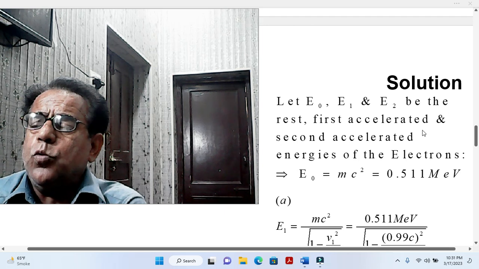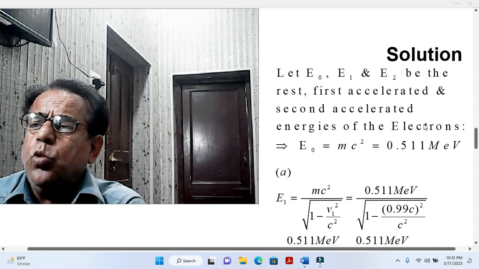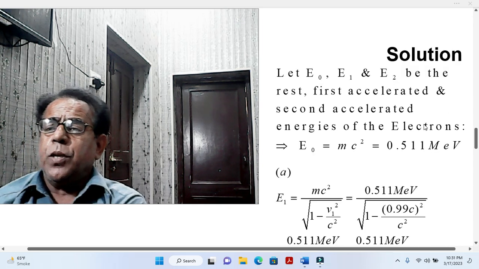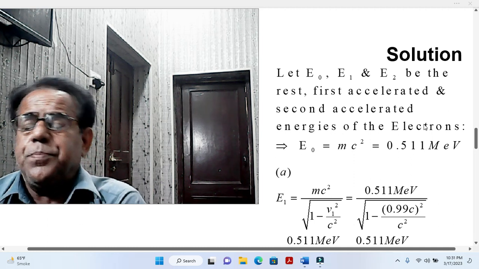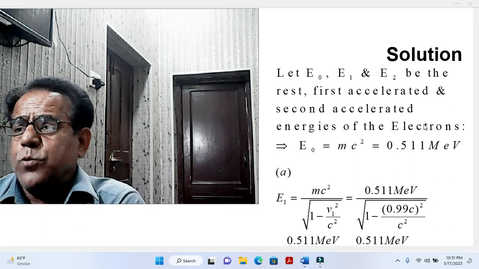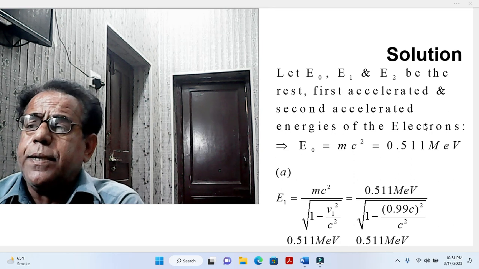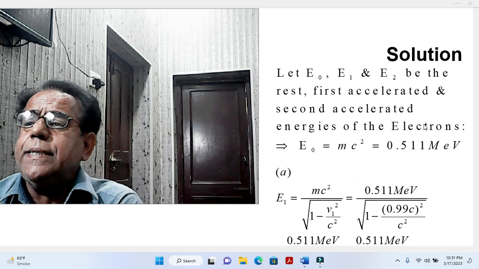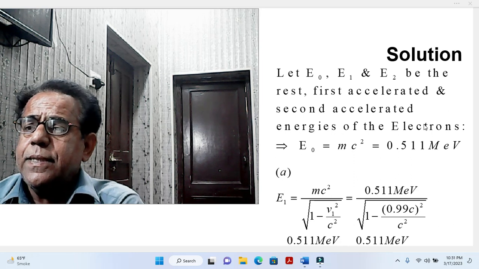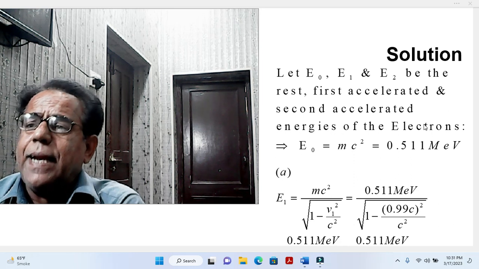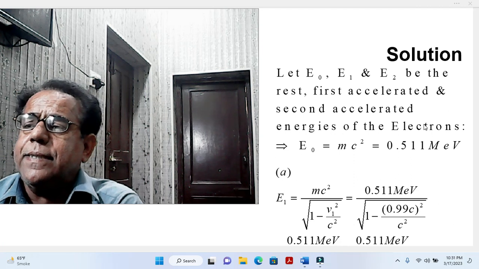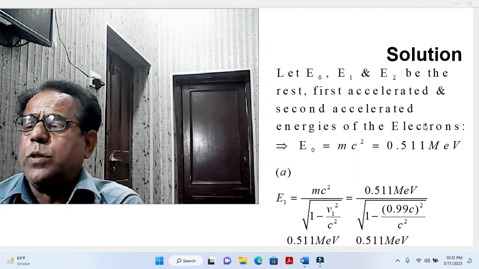Now we come toward its solution. Only two tools are quite sufficient for our requirements. Solution: let E0, E1 and E2 be the rest, first accelerated and second accelerated energies of the electrons.